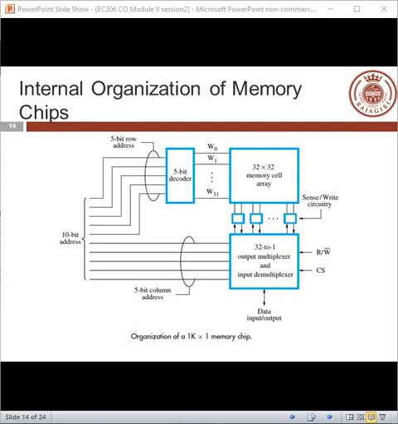Suppose due to manufacturing limitations or something, we need to reduce the number of pins. For that we can go for some other organization. We can store 1024 bits as 32 into 32 bits. So 32 into 32 gives 1024 bits. And to access this 32 into 32 bit memory, we need a 5-bit decoder.